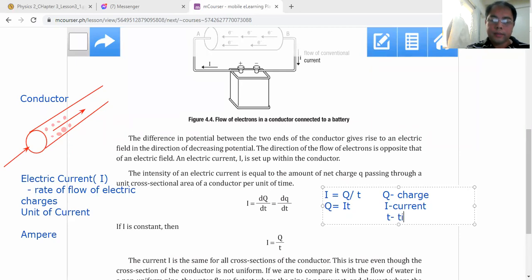Usually the time is in seconds. So q is in coulombs, time is in seconds. Coulomb per second is known as ampere, the unit of our current. So how fast the charge flows is what we call current.